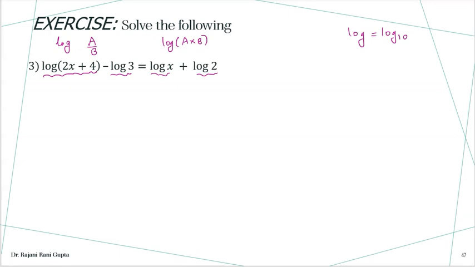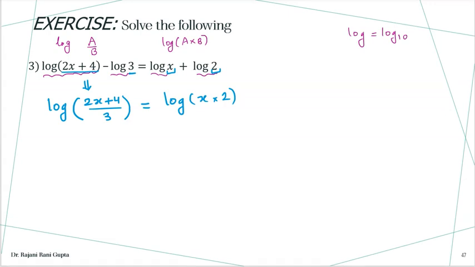So let's simplify each side one by one. So simplifying the left side, it gives you log. Since it's minus, you will be dividing 2x plus 4 with 3. Okay. And on the right hand side, you have log. You have the number x and 2. So x multiply 2. Don't get mixed up between x and multiplication.